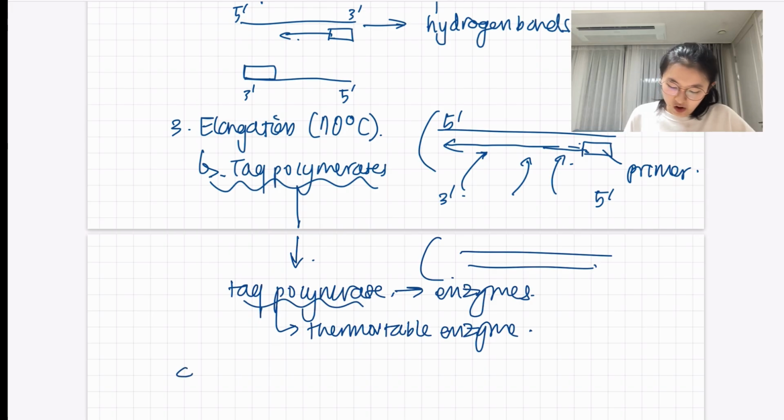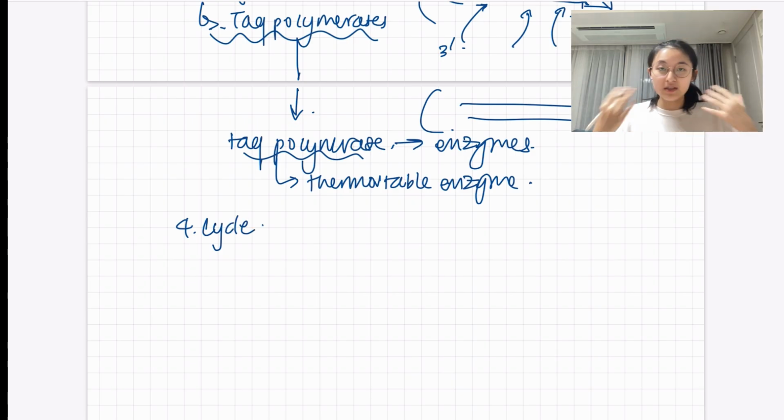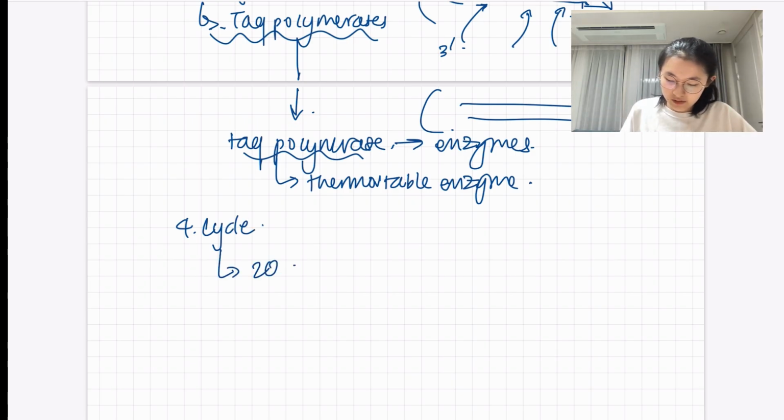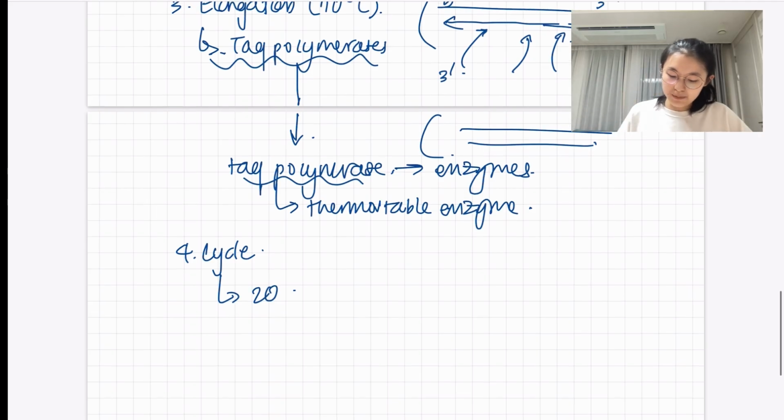And from then on, we go off to this other process of having to repeat this in a process called a cycle. We repeat this cycle of creating complementary DNA strands, starting off from primers, using Taq polymerases, using free nucleotides, etc., in order to create two DNAs from one DNA. We repeat that process for around 20 to 40 cycles.